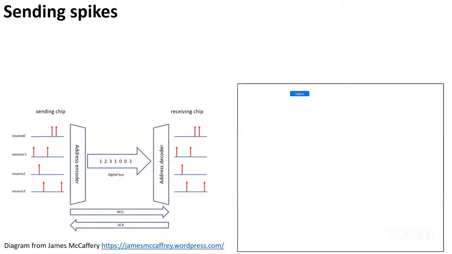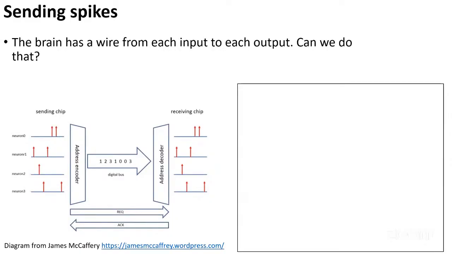Sending and receiving spikes is quite tedious, and work is still going on, so I will not comment on it much. Because time variation is very important, it is not going to be easy to do on a chip, and that is a challenge in this domain.